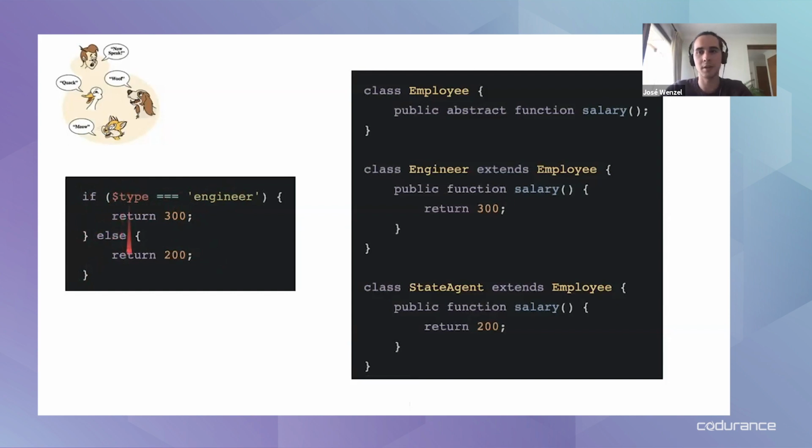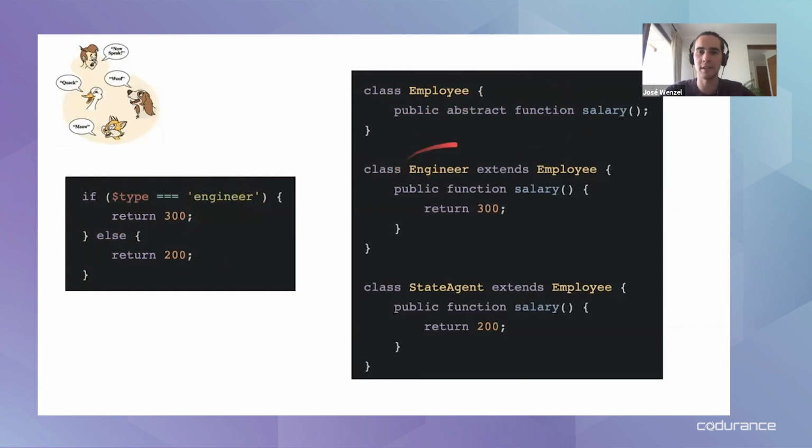The way that we can do this very easily, and way more scalable than this if else statement, would be to have our employee as abstract, with an abstract function. Then we can extend our different employees.